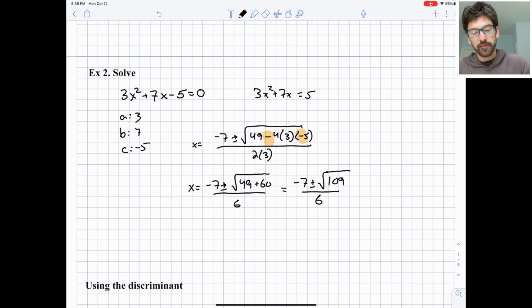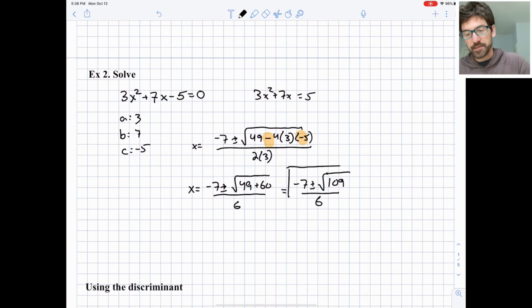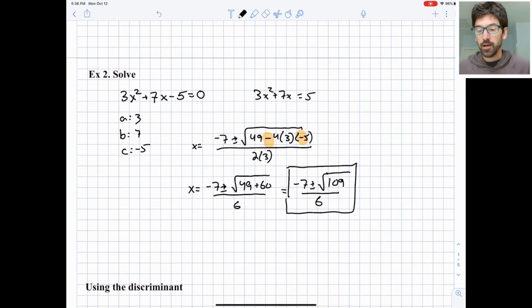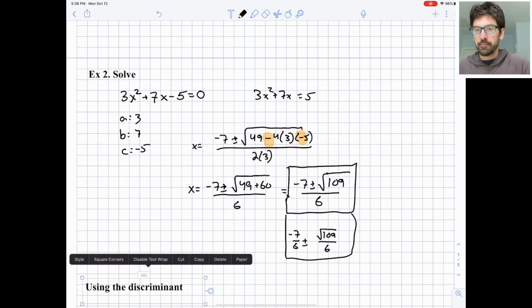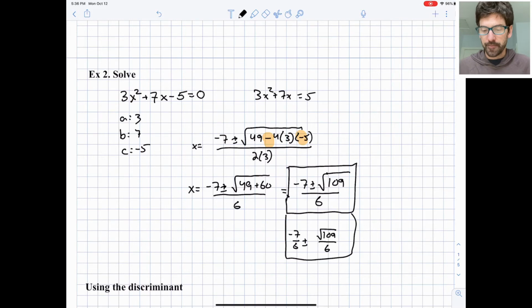So we're going to leave it at that answer right here, negative 7 plus or minus the square root of 109, all over 6. Some teachers might rather it look like this, but I like the first answer a little bit better. It's a little more compact, a little cleaner, I think.